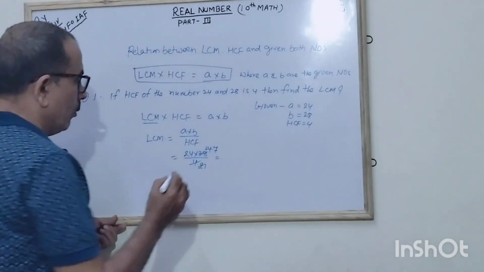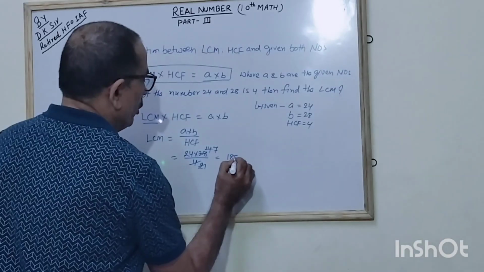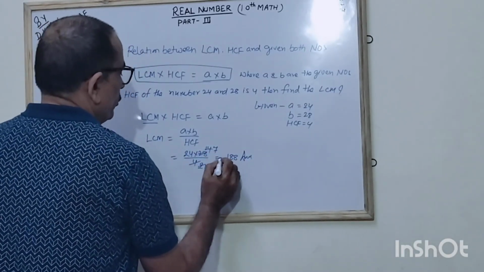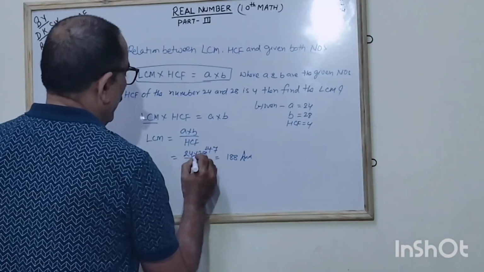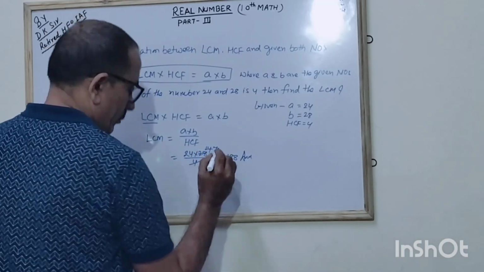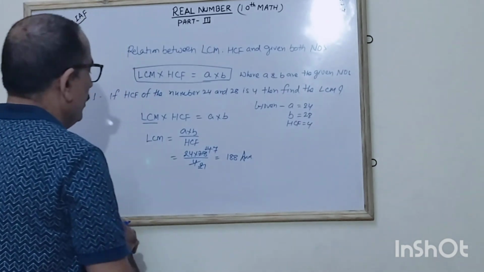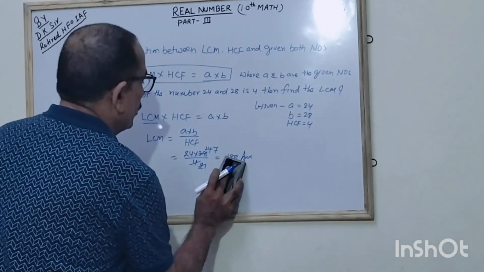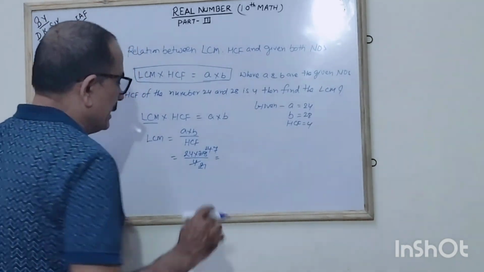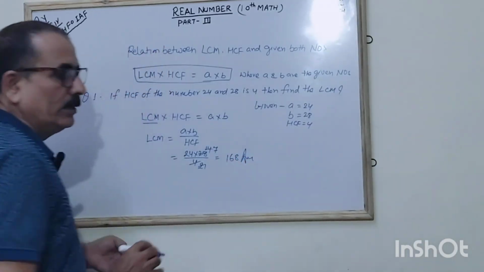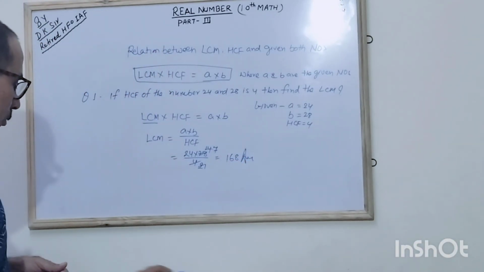Just a minute. 7 fours are 28, 7 twos are 14, so sorry, it will be 168. The 168 becomes the answer. Correct? So this is the value you can get.